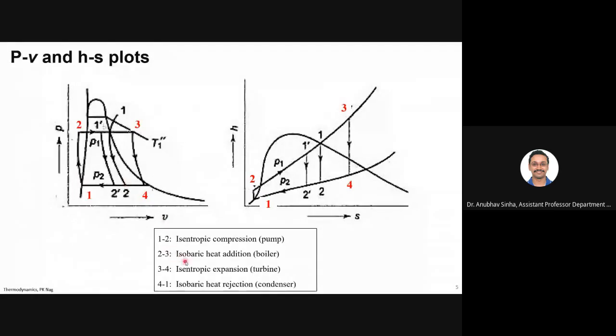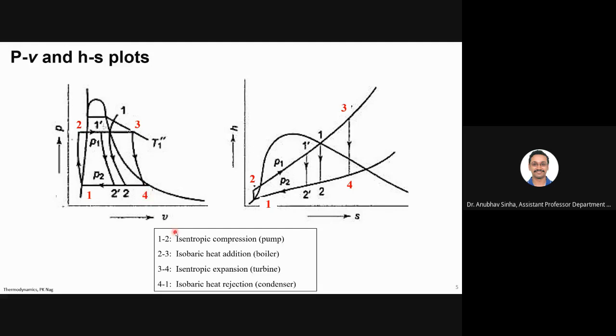Okay. Then we have isobaric heat addition in the boiler. So this is your constant pressure 2 to 3 heat addition inside the boiler. Now we have isentropic expansion in the turbine, which is shown here. So from 3 to 4, this is isentropic, but the temperature is decreasing, pressure is decreasing, and you have slightly higher specific volume.